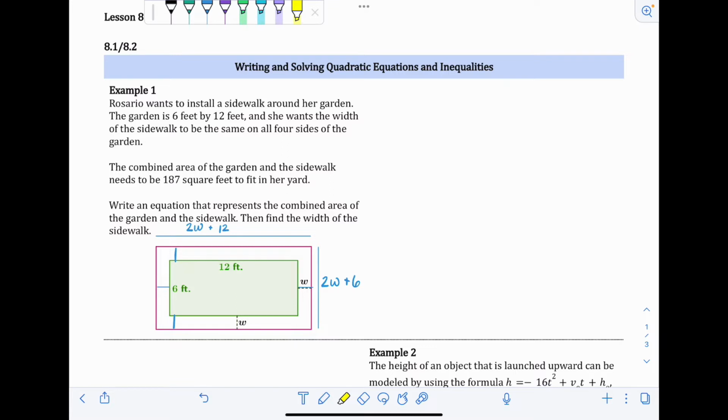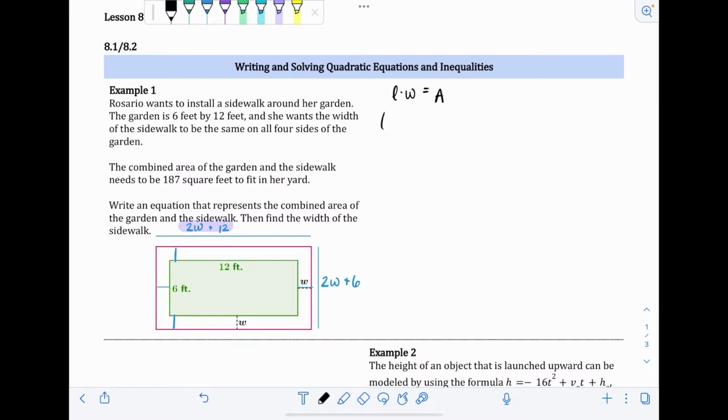So it's a rectangle. The formula for the area of a rectangle is length times width equals 187. Nope, sorry. Length times width, I got ahead of myself. Length times width equals area is the formula for the area of a rectangle. Got a little excited. And now we have the dimensions of this rectangle. So the length is 2W plus 12.